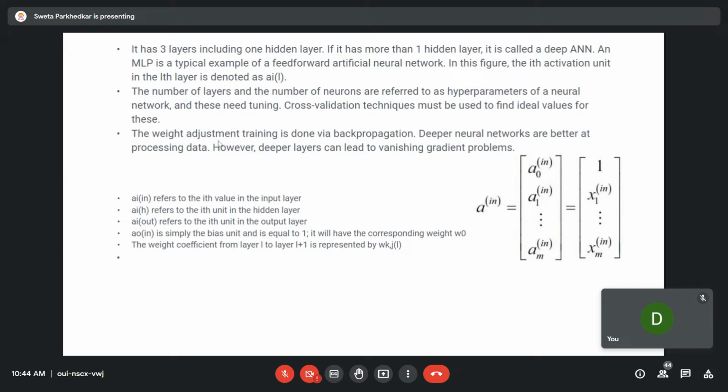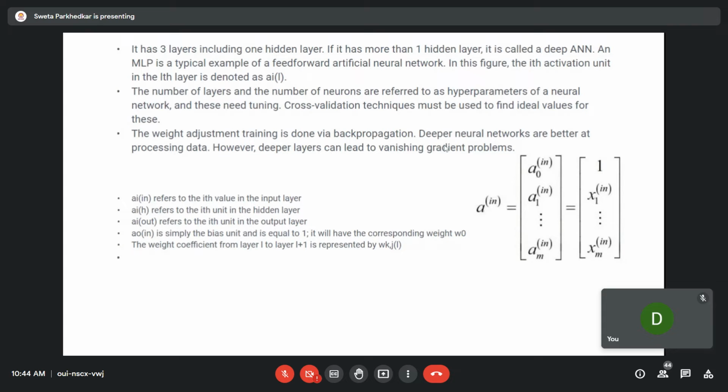So the weight adjustment training is done via the back propagation algorithm. ठीक है, तो back propagation algorithm is very important. हमको किस हिसाब से weights को adjust करना है, by using the back propagation algorithm. So deeper neural networks are better at processing the data.